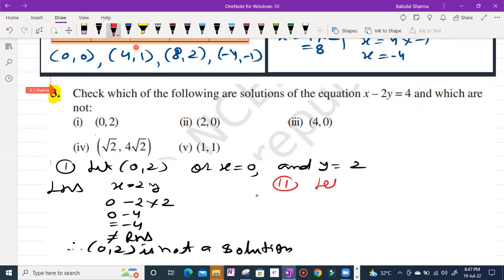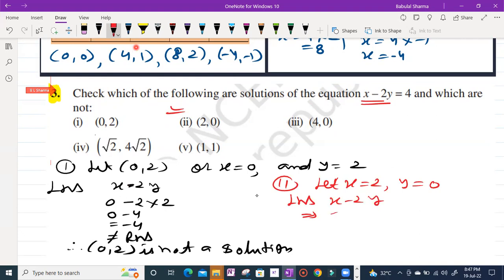Let this second part, let x is equal to 2 and y is equal to 0. Suppose कि ये इसका solution है, इसको check करेंगे. Then we put these values in left hand side, x minus 2y. This is x minus 2y, left hand side of the equation.